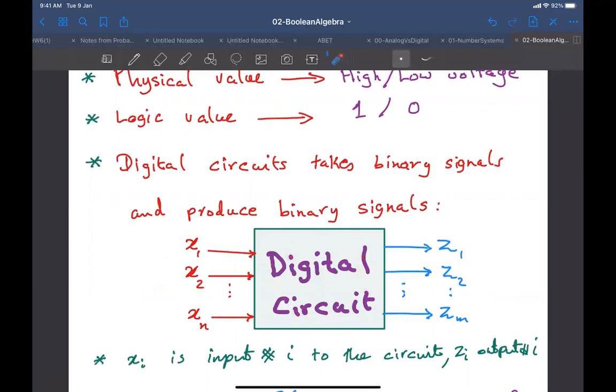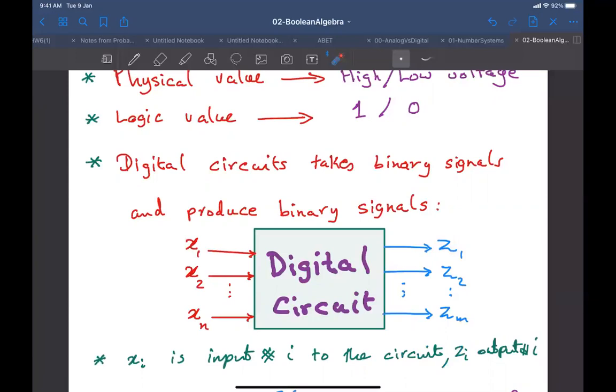It consumes these input signals, which are also called binary signals or Boolean signals, and produces some outputs, Z1, Z2, up to Zm, so m outputs.